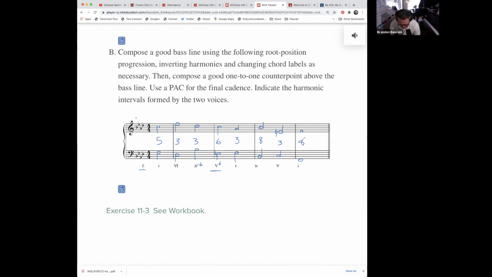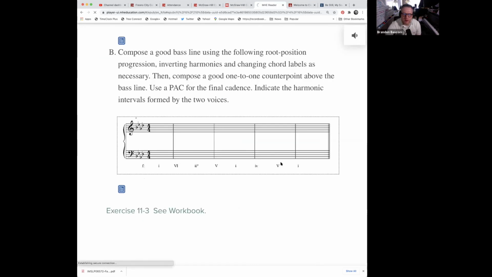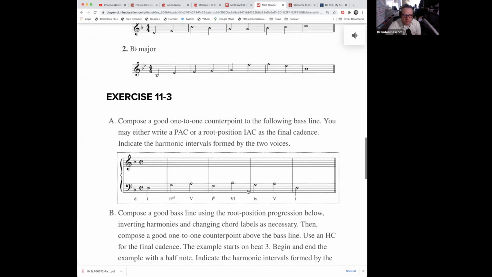So looking at the workbook, we only have 4 pages, and we went over page 1.5.